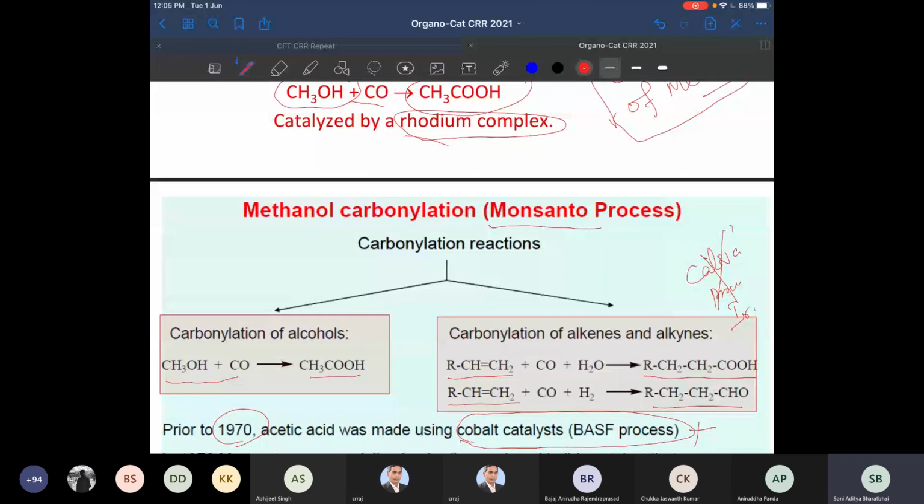Sir, whatever you have taught till now, will that be the syllabus of assignment 1? No, Sony, I mentioned, right? Assignment 1 is the MOT, CFT, and chelate effect before organometallics. The organometallics and your redox reaction are the second assignment.